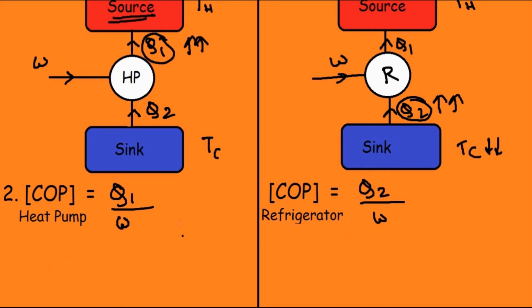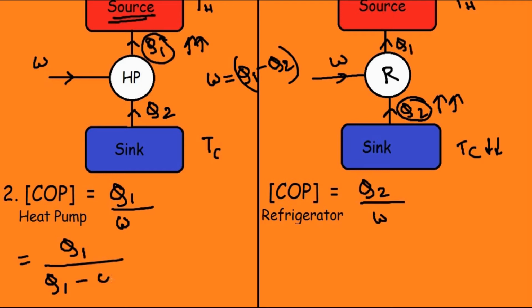In order to simplify this, we know that for both of these systems the work done is given by Q1 minus Q2. Hence for the heat pump, this equation reduces to Q1 divided by Q1 minus Q2, and for the refrigerator this becomes Q2 divided by Q1 minus Q2.